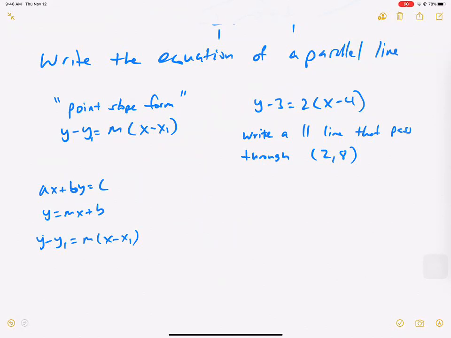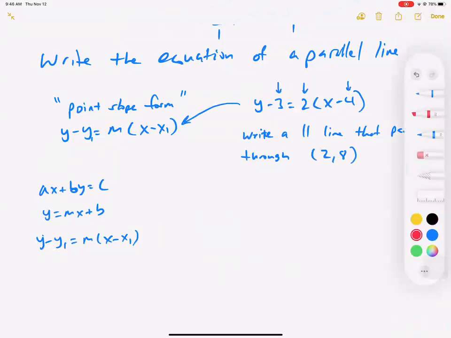So to write a parallel line, we need to make sure the slope is the same. Looking here, what is the slope of this equation? This is the critical thinking part, right? Which is the slope in this crazy XY number thing? If we know the form, we can automatically tell you the slope.